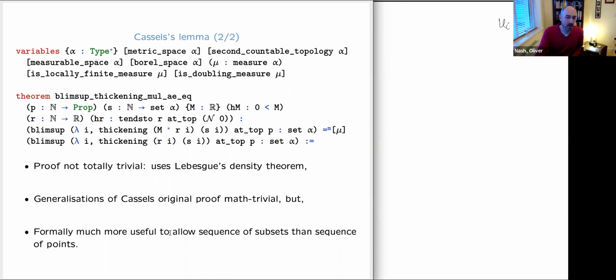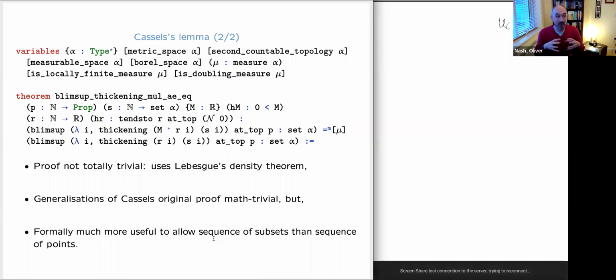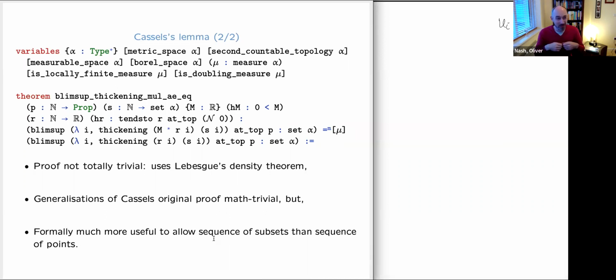But also partly because, in the informal application of Castelnuovo's lemma, Gallagher uses it, and they actually have a sequence of sets, not a sequence of points. So how are they able to apply a lemma that's for a sequence of points? Well, implicitly, and you wouldn't bother saying it informally, and they don't.